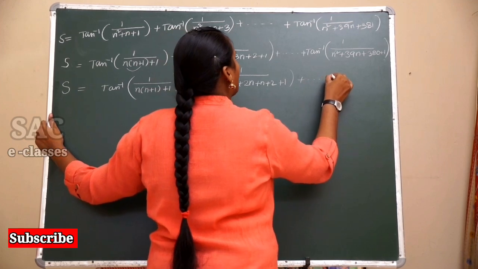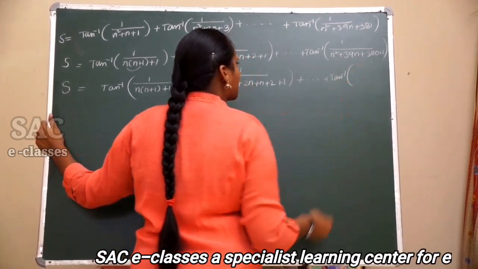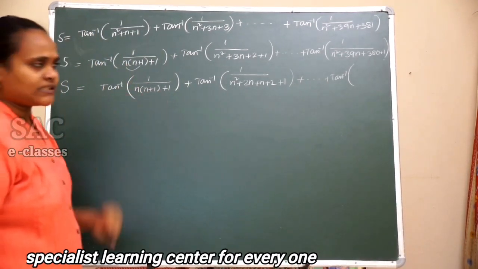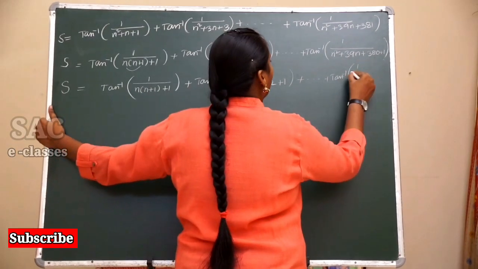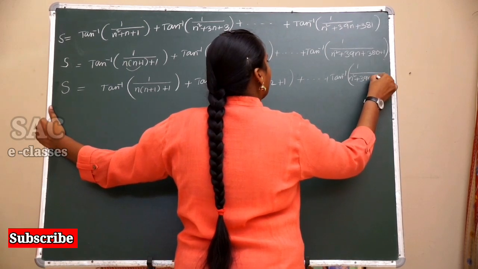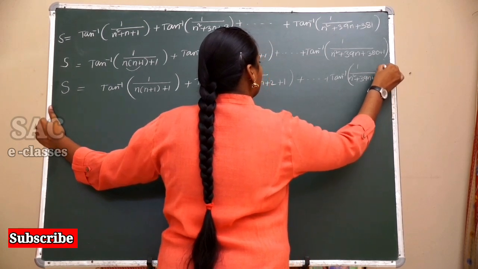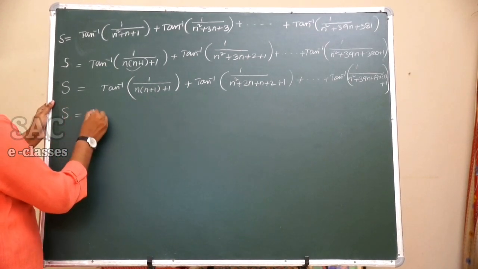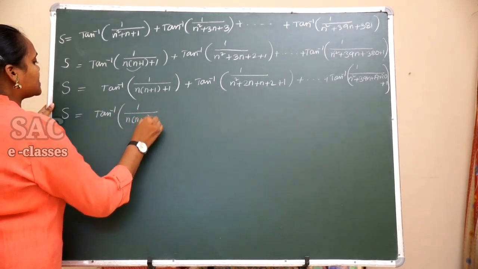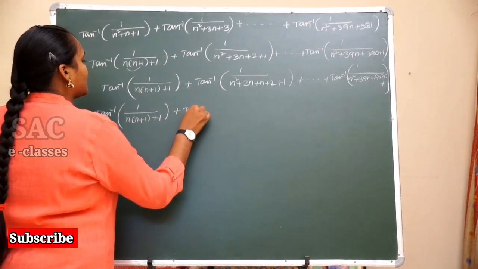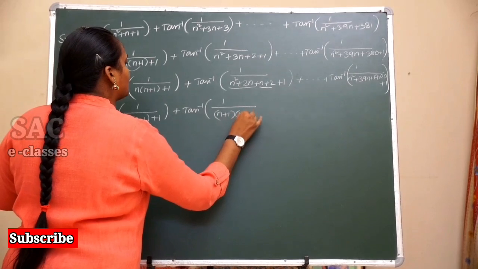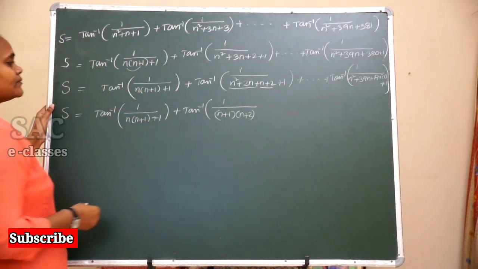Plus and so on. Tan inverse. One thing is clear: I should express it as consecutive integers. So 380 also in that way, if I express n square plus 39n plus 19 into 20 plus 1. S is equal to tan inverse 1 by n into n plus 1 plus 1, plus tan inverse 1 by n plus 1 into n plus 2 plus 1, right.